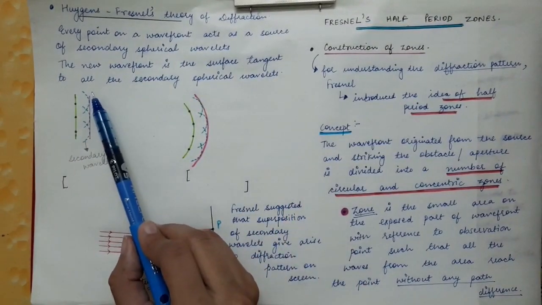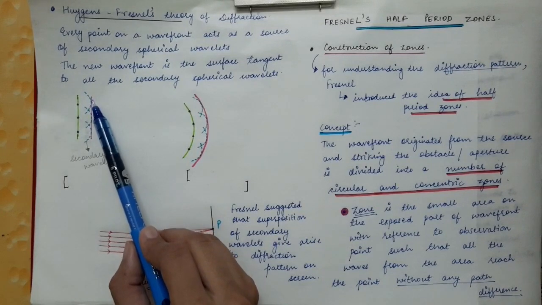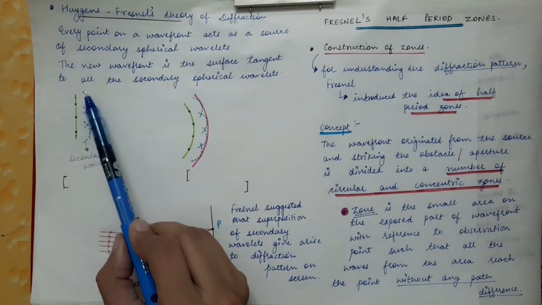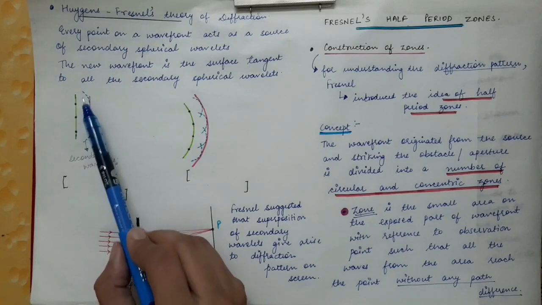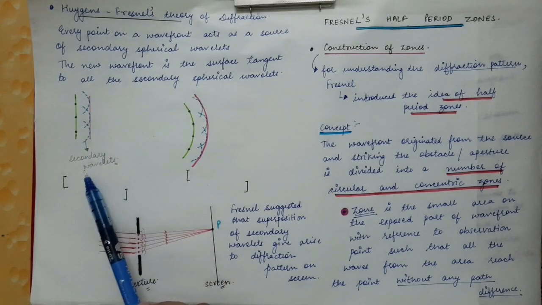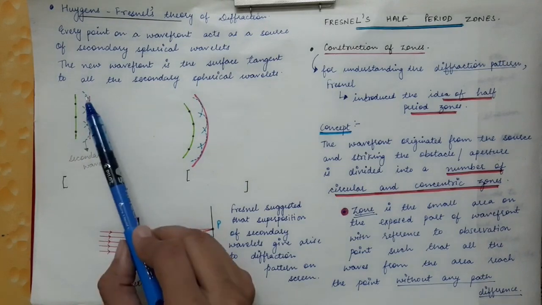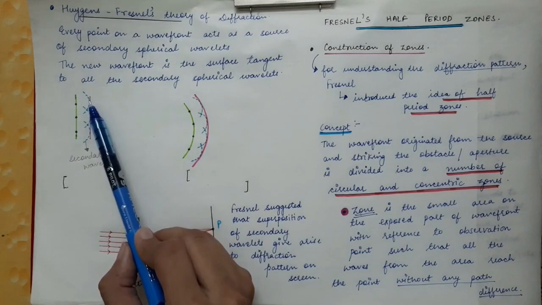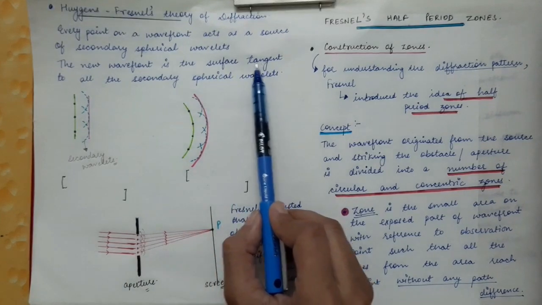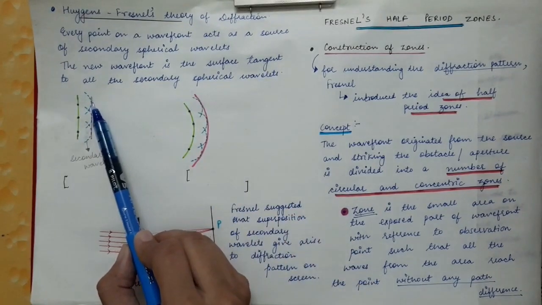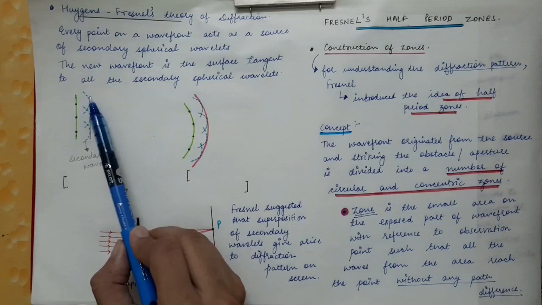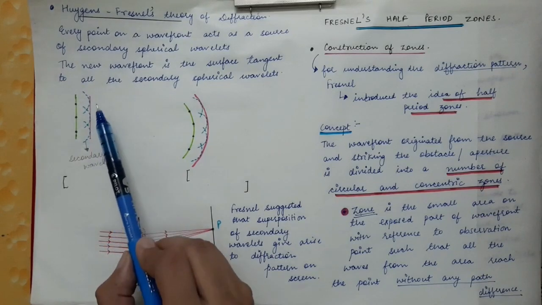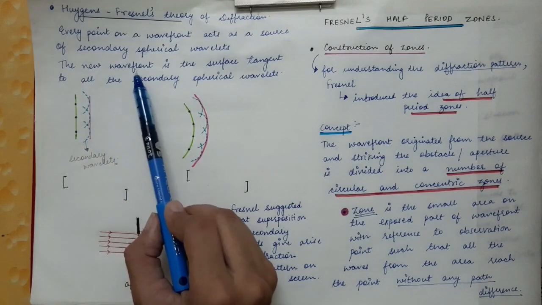Now when we draw the tangent to all these secondary wavelets, these spherical portions shown in blue color are the secondary wavelets. When we draw the tangent to the surfaces of these secondary wavelets, and join all the tangents, it will give rise to a new wavefront.